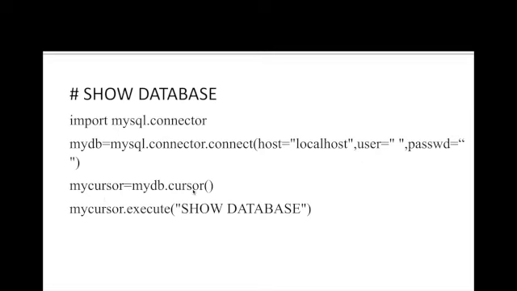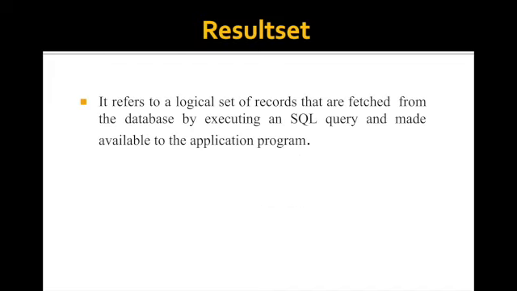Then after creating the cursor object, mycursor.execute show databases. Suppose 5 databases are there, all those 5 database names are stored in mycursor. Then if we want to retrieve them row by row, we can use the result set with the fetch function.